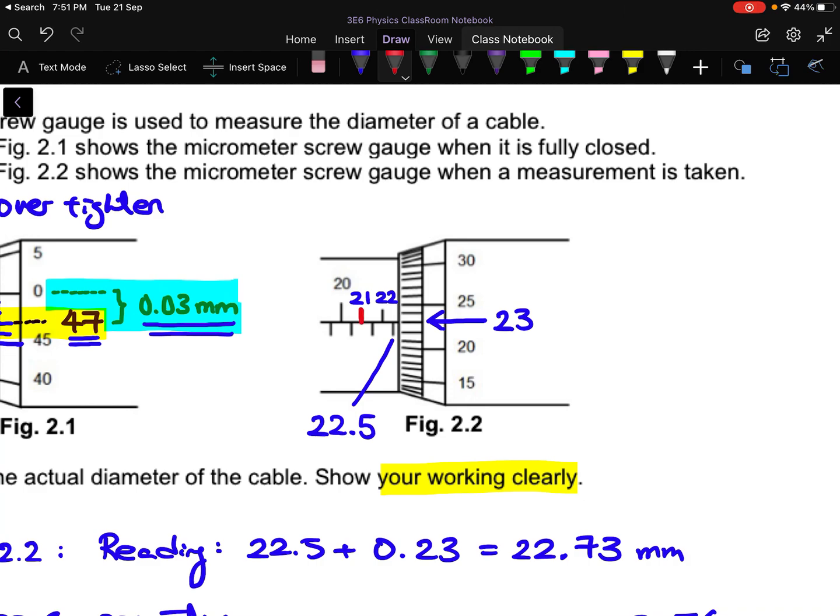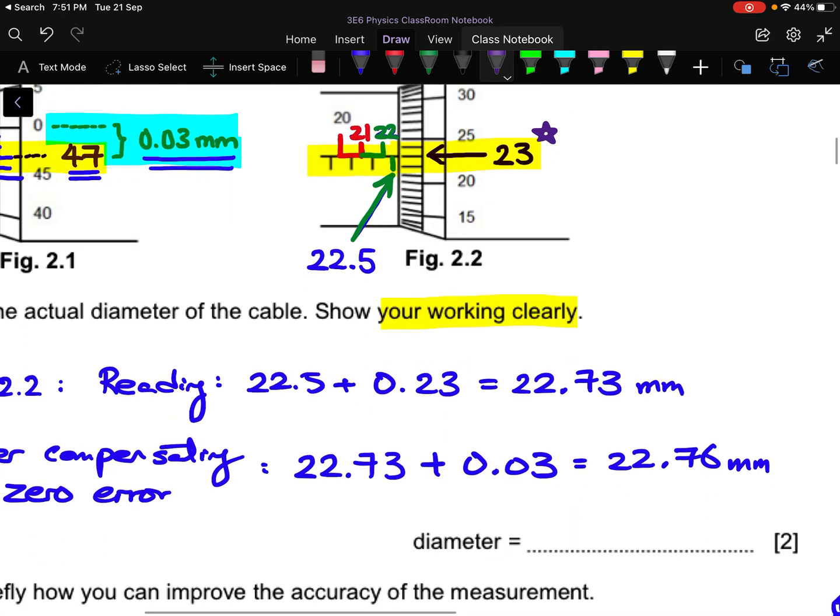So this line, this is 20, then 21, then after that 22 is here. So what is this line? This line is actually your 22.5. So after you read the 22.5, read the datum line coinciding with this, you will see that it's 23. Now this 23 is not 23 mm, but rather 0.23.